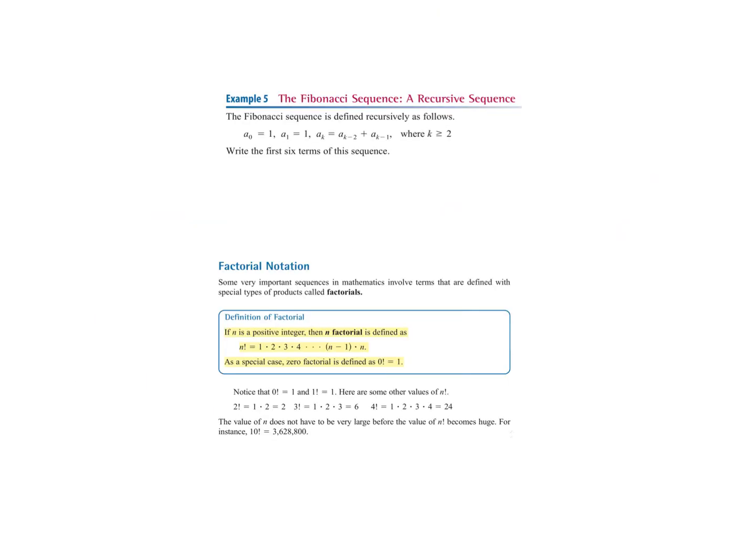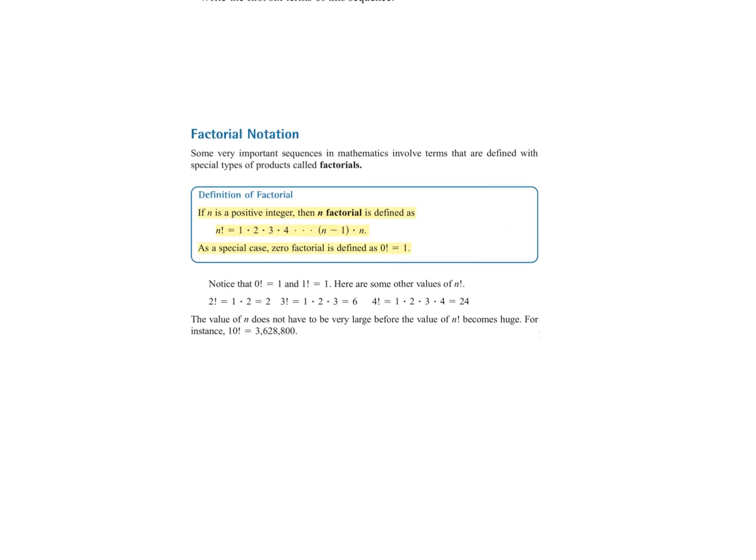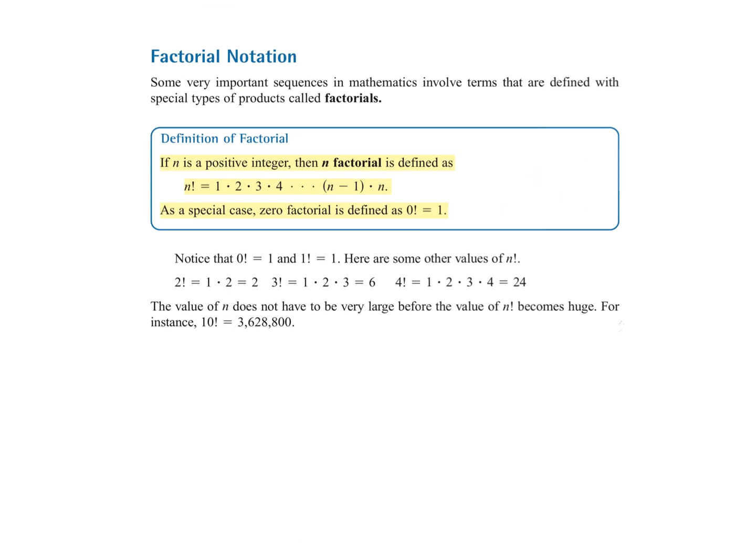We're going to skip example 5. And let's go down to factorial notation. Factorial notation is this exclamation point here. It says n exclamation point, where the exclamation point means that we multiply that number and every number that comes before it.